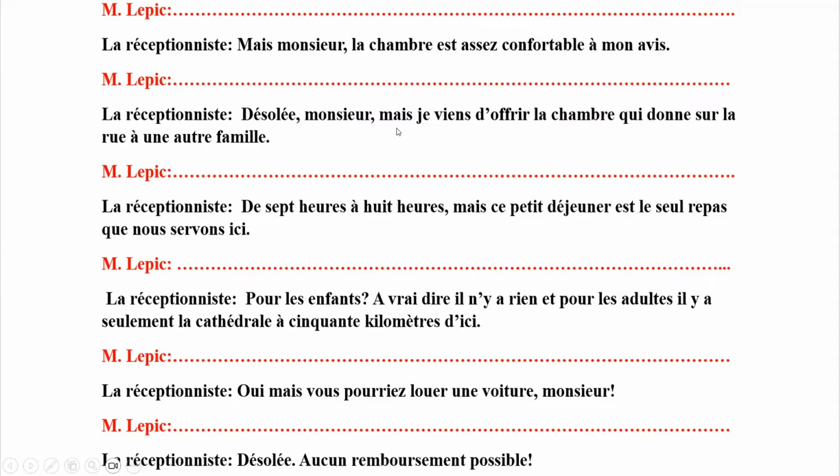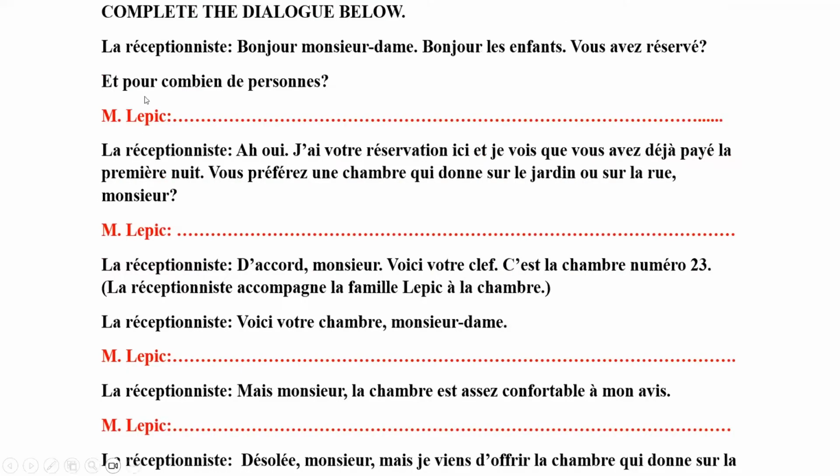Let's look at it. So you can see it here. "Désolé, monsieur, mais je viens d'offrir la chambre qui donne sur la rue à une autre famille." Sorry, sir, but I just offered the room overlooking the street to another family. Now, you see why I said reading the entire dialogue first is important, because if you remember earlier, Monsieur Le Pic was asked, do you prefer a room overlooking the garden or the street, sir?